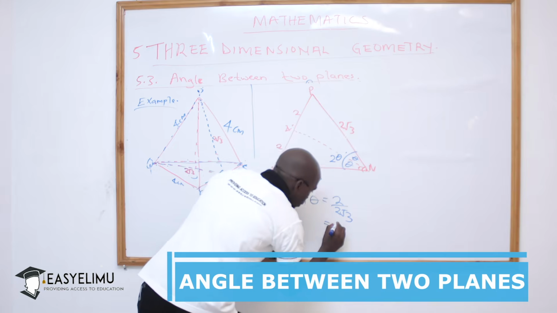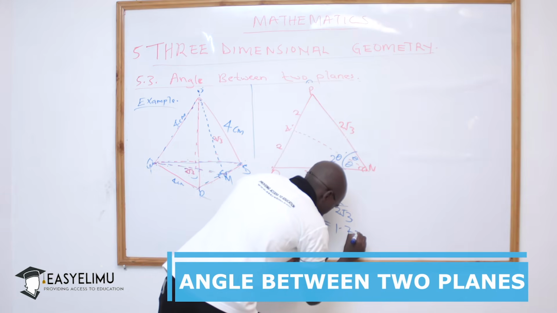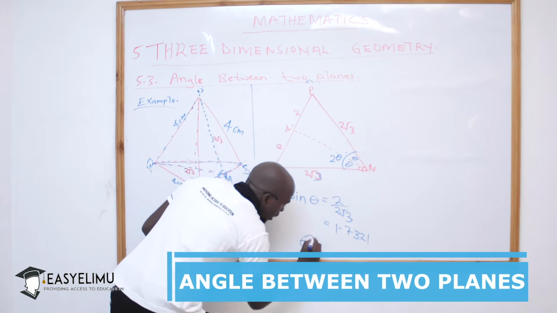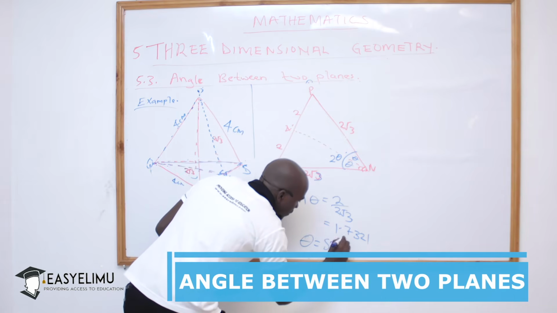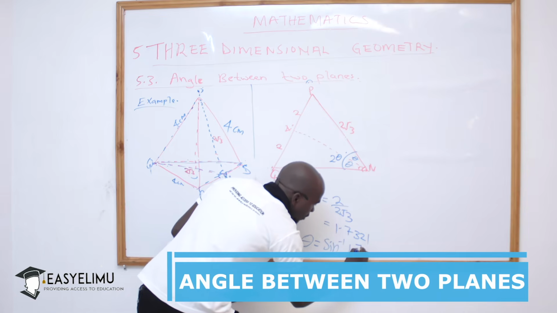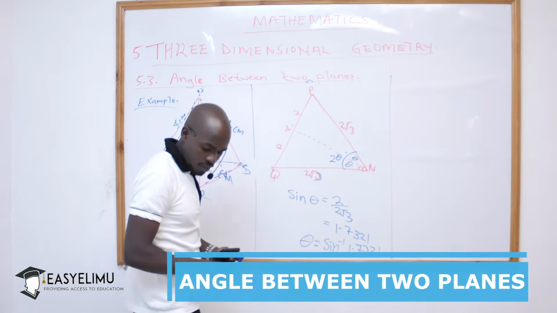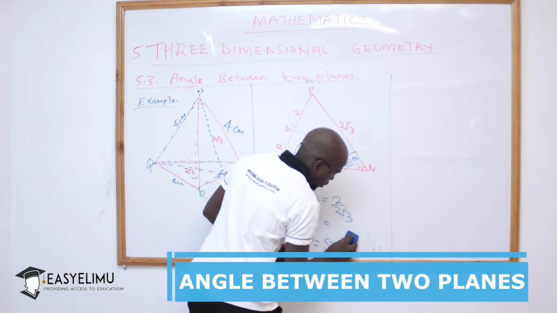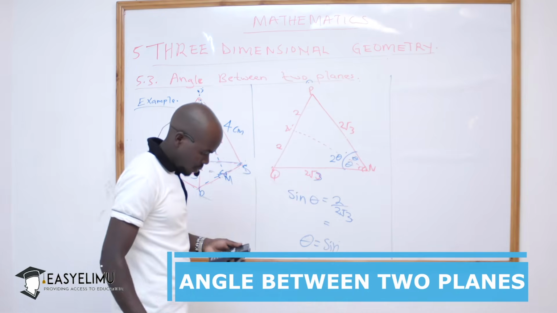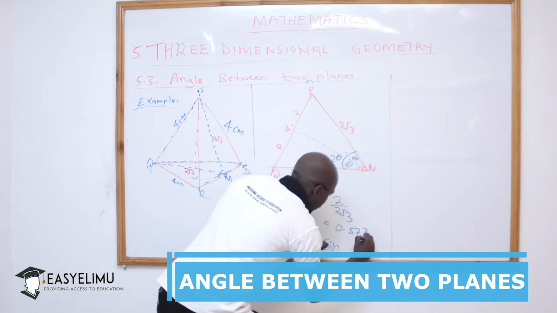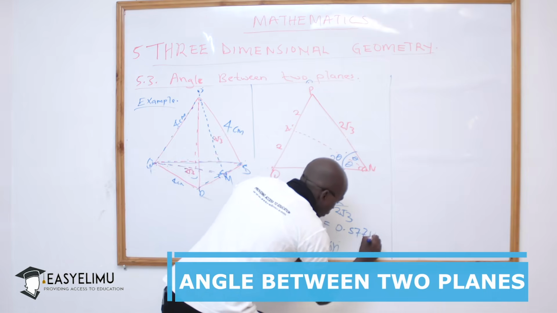We are getting it as 1.7321. So theta is equal to sine inverse of 1.7321. Wrong calculation here. I'm going to get this one as 0.5774.